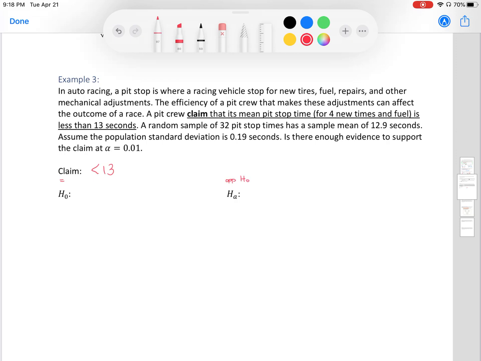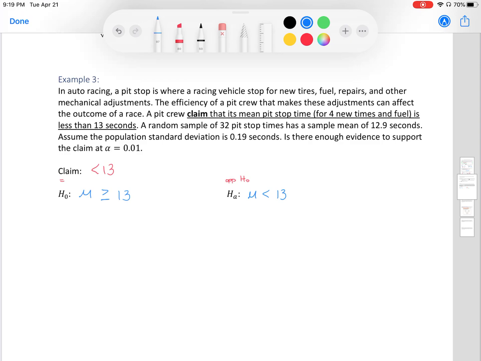Our claim gives us our alternative. So we have a mean time of less than 13 seconds. So therefore our null would be the mean is greater than or equal to 13. Okay, we did half of the work so far.